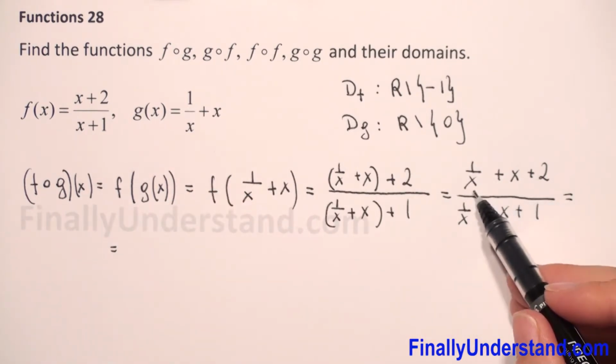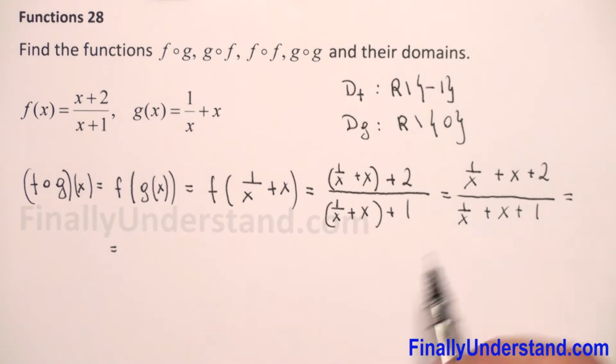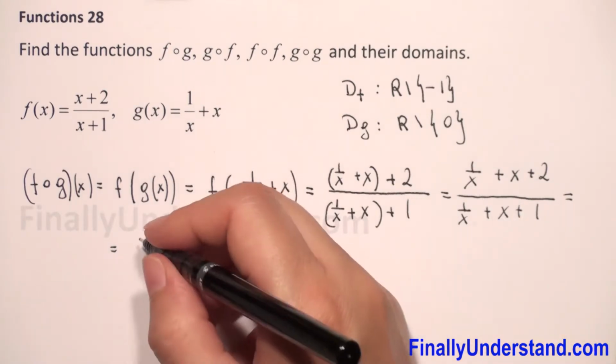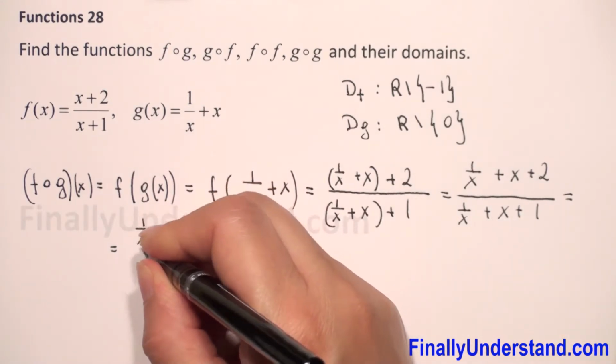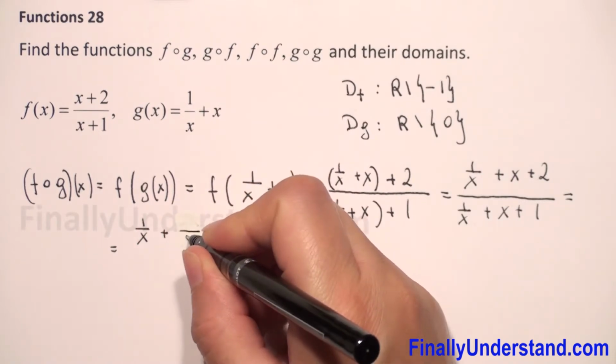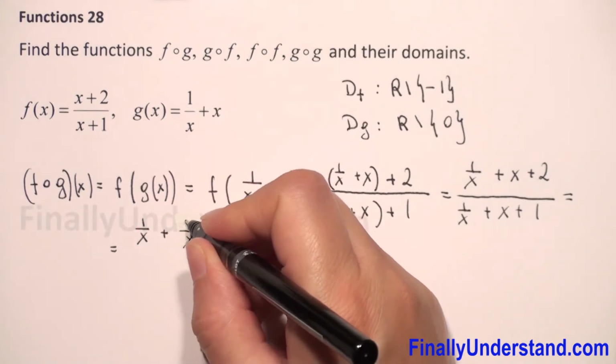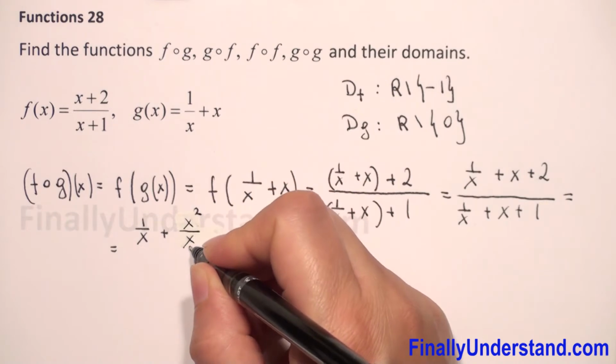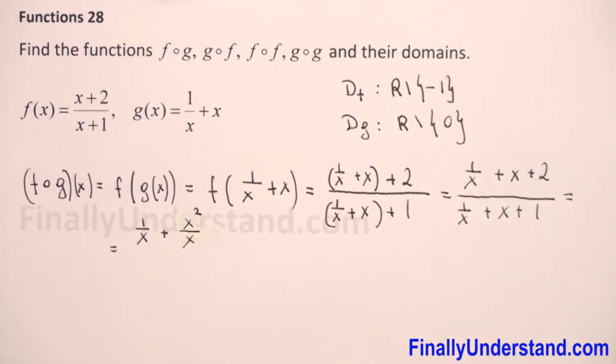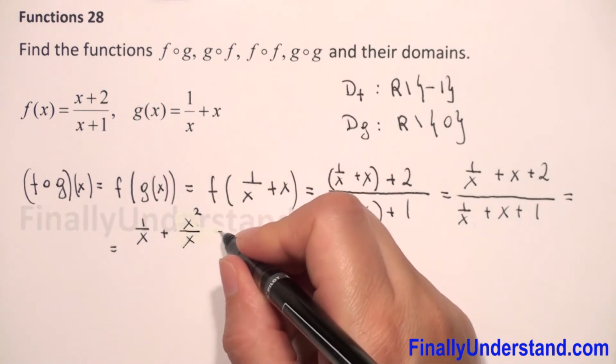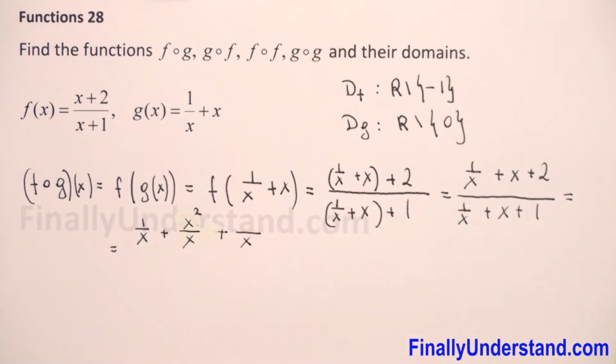We can find the same denominator, so it will be x. So we have 1 over x plus, in the denominator we have x, in the numerator will be x squared. X squared divided by x is x, so we have the same as at the beginning, plus, the denominator is x.